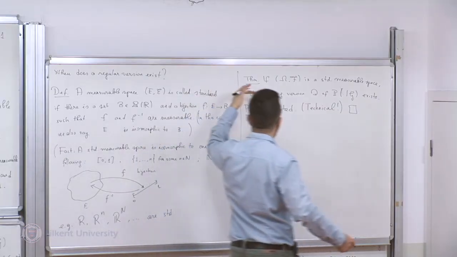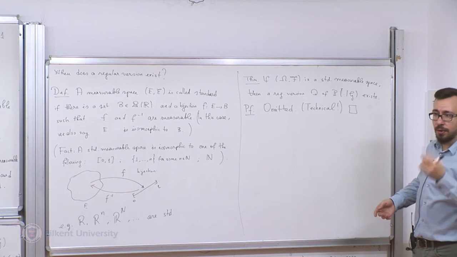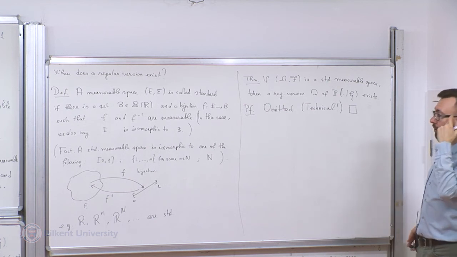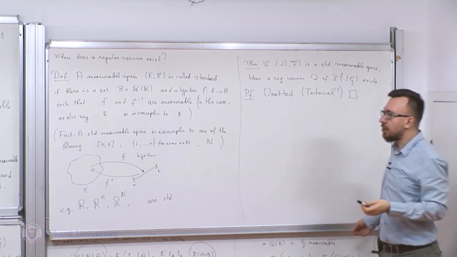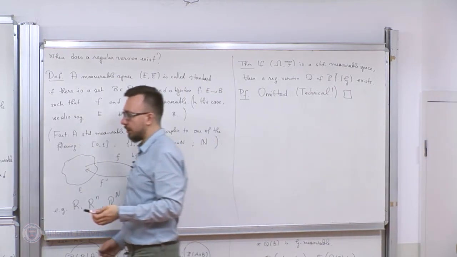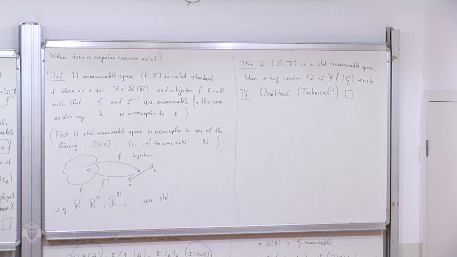So just assume your measurable space is standard, and then you have a regular version. So there is no need to worry about that. But in applications, we always use regular versions because, for instance, we always calculate things like this, right? So we always need regular versions.